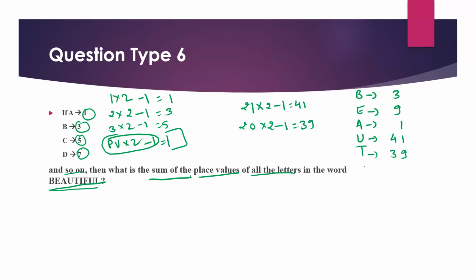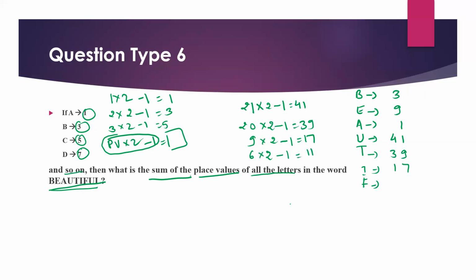After T, we have I. For I, the place value is 9. 9 into 2, 18. 18 less 1, it will be equal to 17. So it is 17. After I, we have F. What is the place value of F? Place value of F is 6. 6 into 2 less 1, 12 less 1, 11.